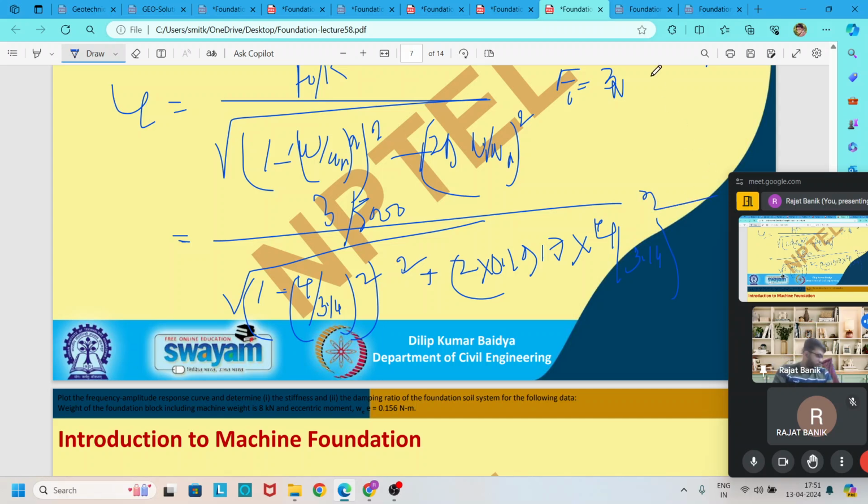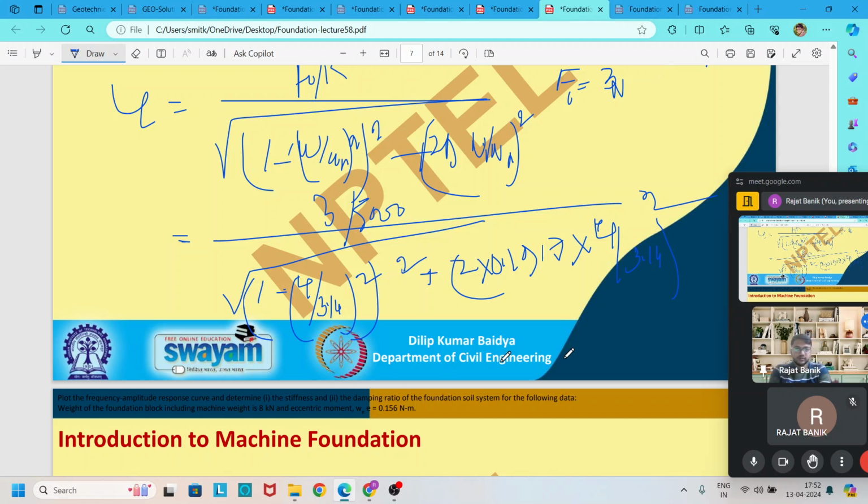So 3 divided by 5000, root over 1 minus 4 divided by 3.14 whole square, plus 2 into 0.1917 into 4 divided by 3.14, whole square.